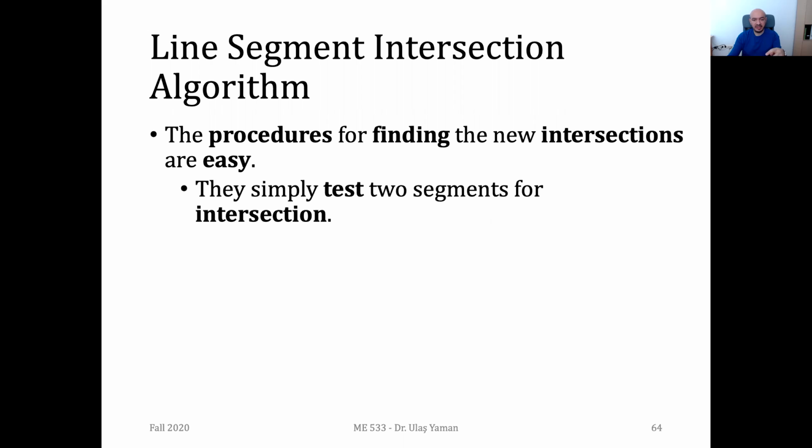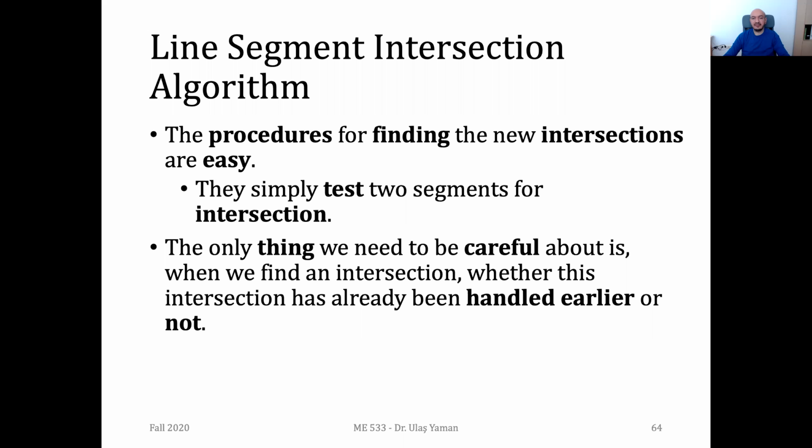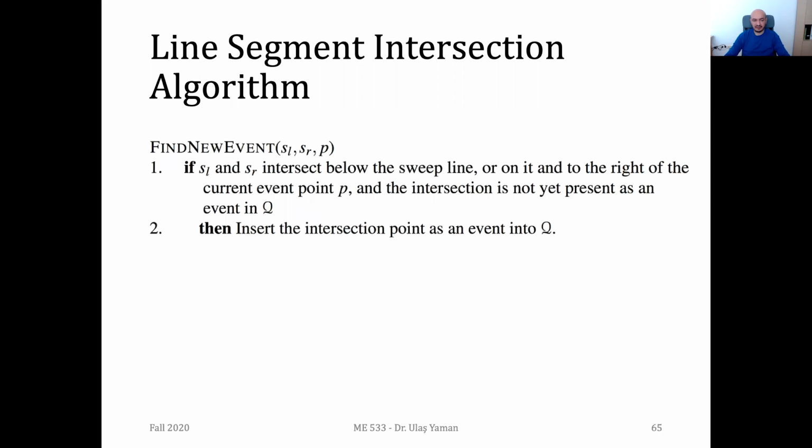So this is the important point. While storing new event points into our event queue data structure, we should check, so that we don't have duplicate events in our data structure.